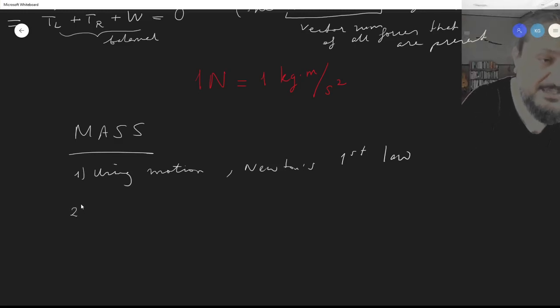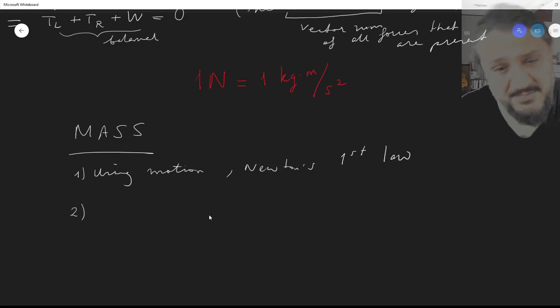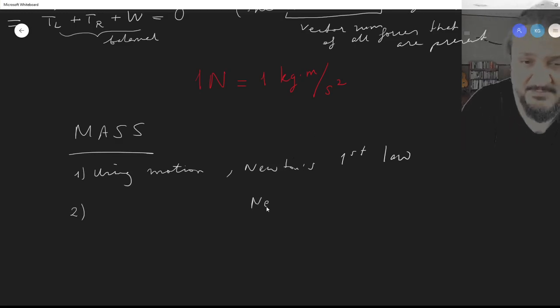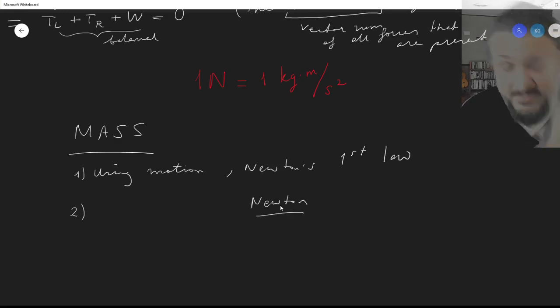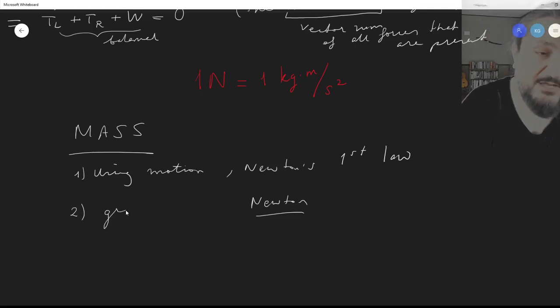And the second is also by Newton, but it's not one of the three laws. It's also due to Newton. What else has Newton discovered? Gravity, right? So you can define mass using gravity or gravitational concepts.